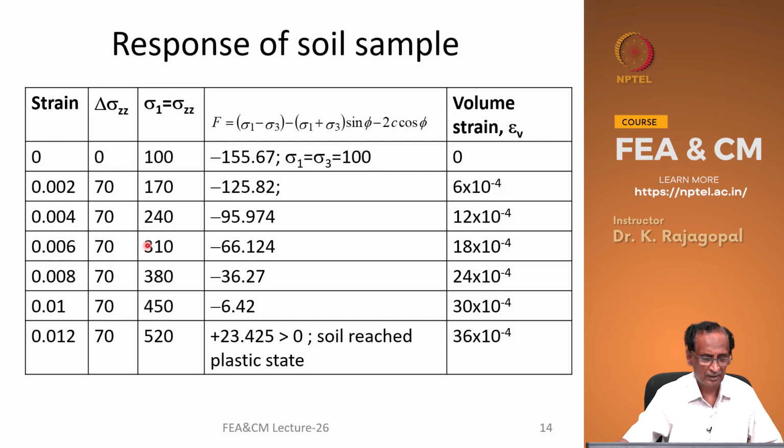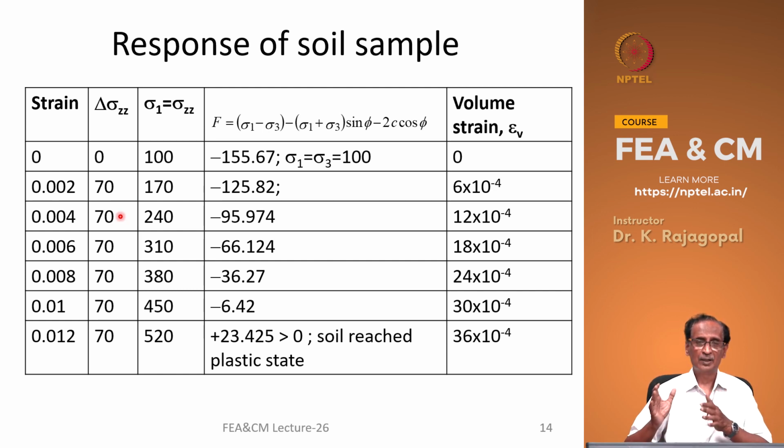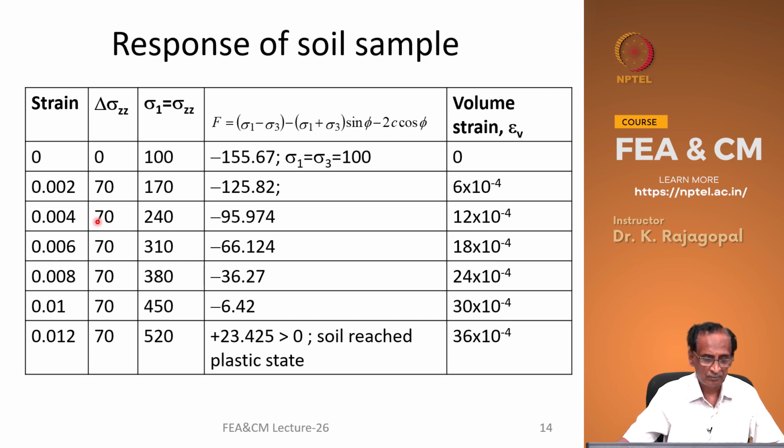Then let us increase the axial strain to 0.004. Once again, since we are in the elastic state, we use our delta sigma z as E i multiplied by delta epsilon z. So, that is 70.